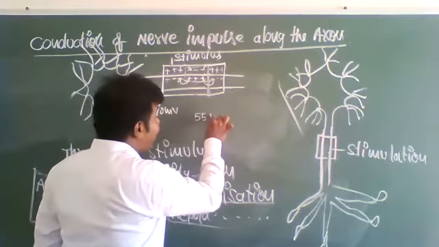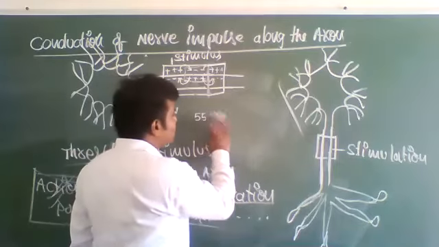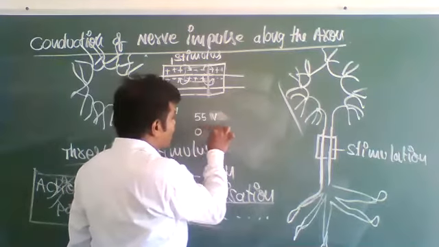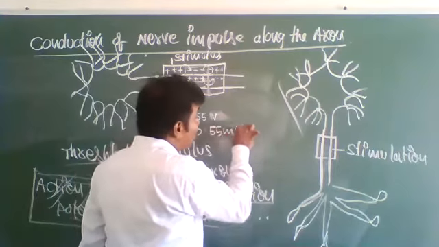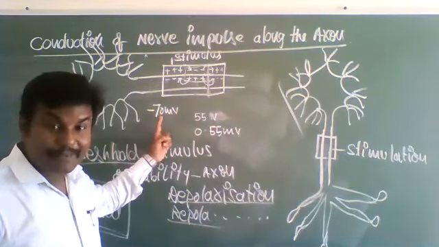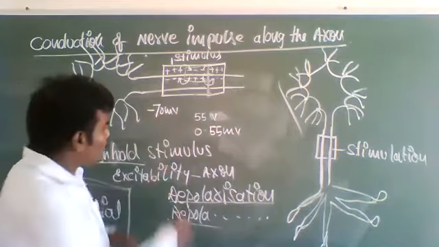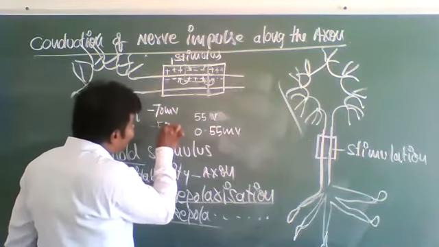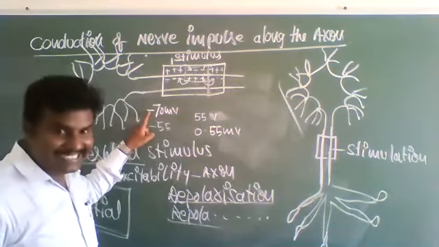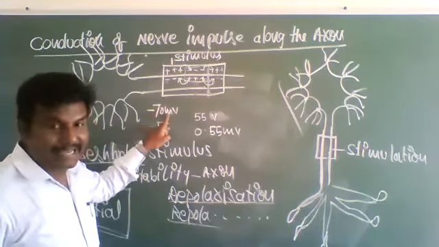55 millivolts. Initially in the resting state it was minus 70. That means it is the resting state. In the resting state, the membrane potential is minus 70.